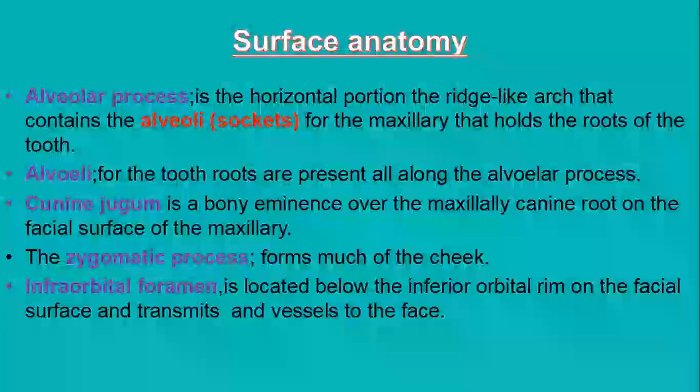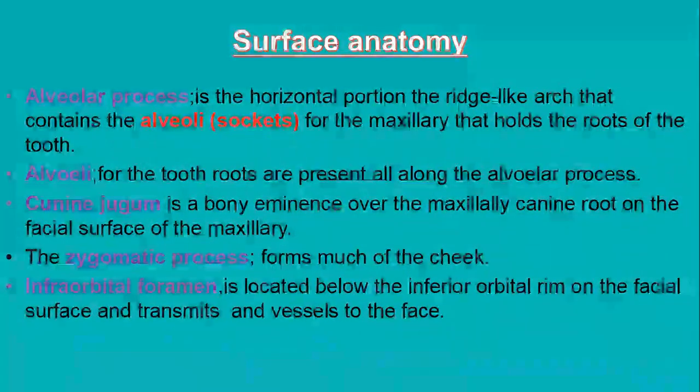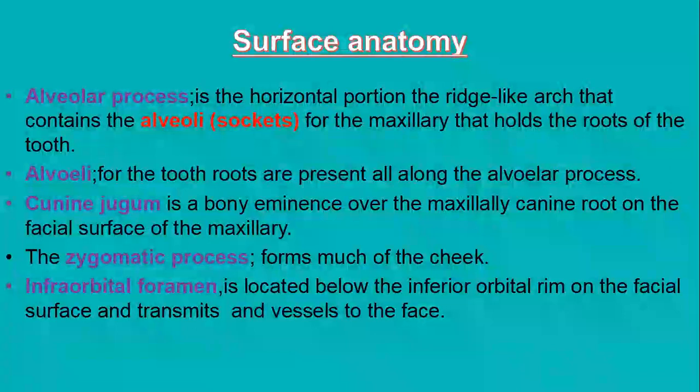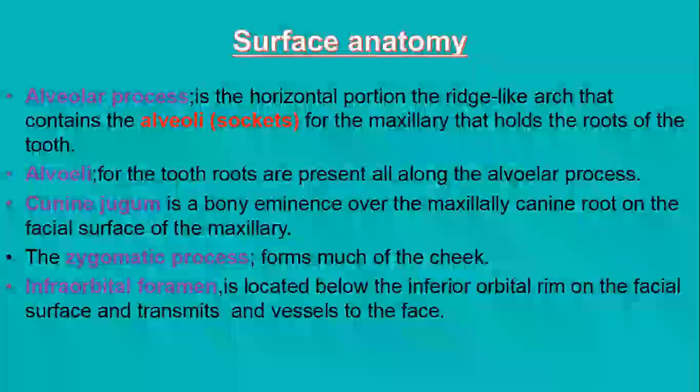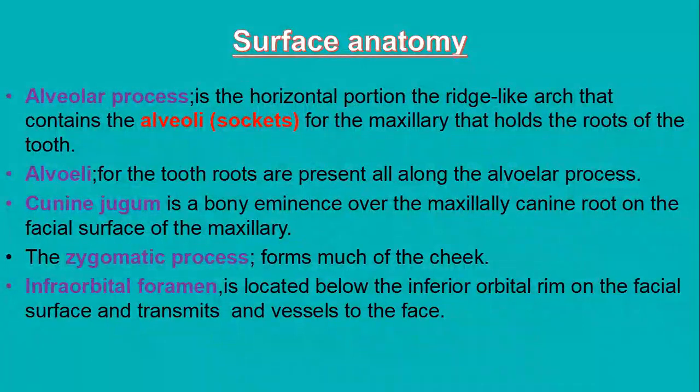The canine jugum is a bony eminence over the maxillary canine root on the facial surface of the maxilla. The zygomatic process forms much of the cheek. The infraorbital foramen is located below the inferior orbital rim on the facial surface and transmits vessels to the face. They are the neurovascular elements transmitted through this infraorbital foramen.